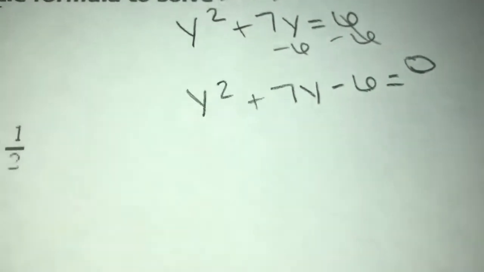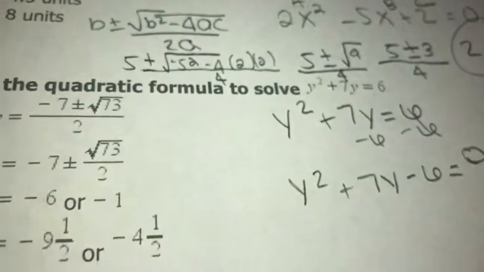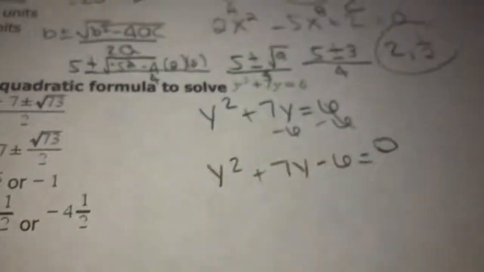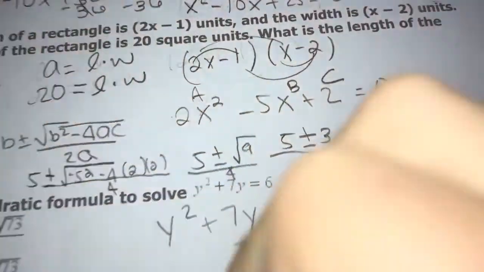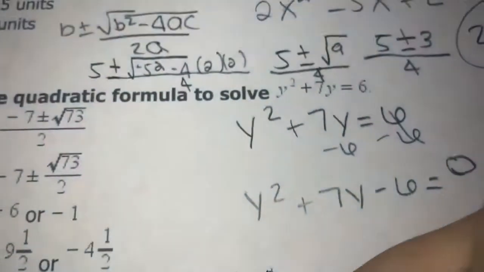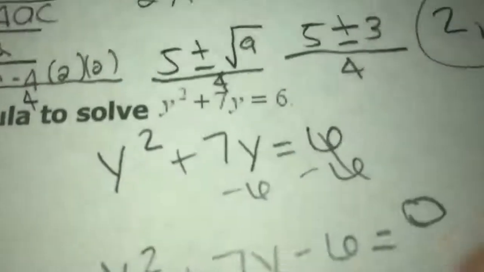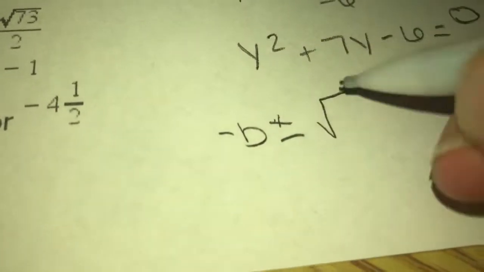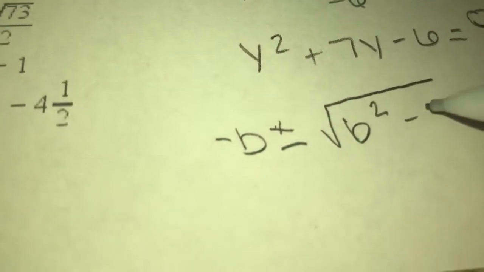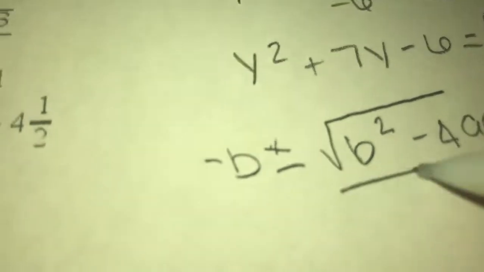So now we're going to solve by using the quadratic formula. And the quadratic formula is negative b plus or minus the square root of b squared minus 4ac divided by 4a.